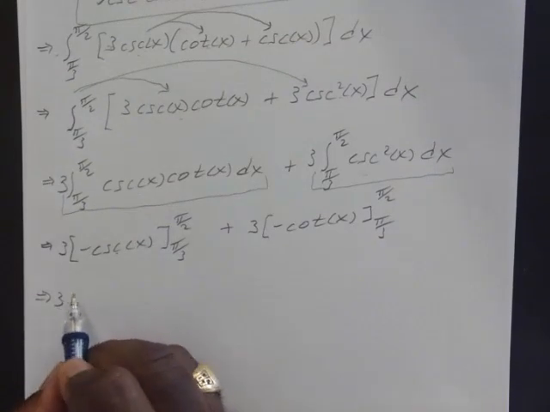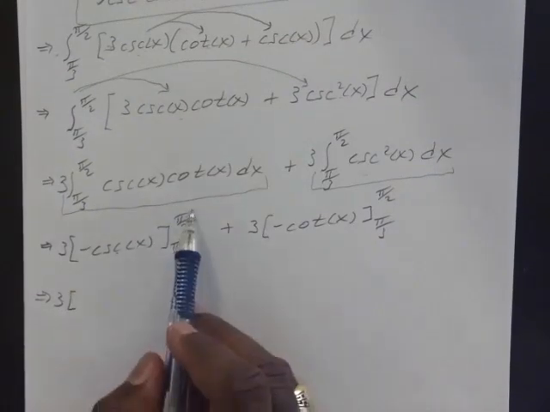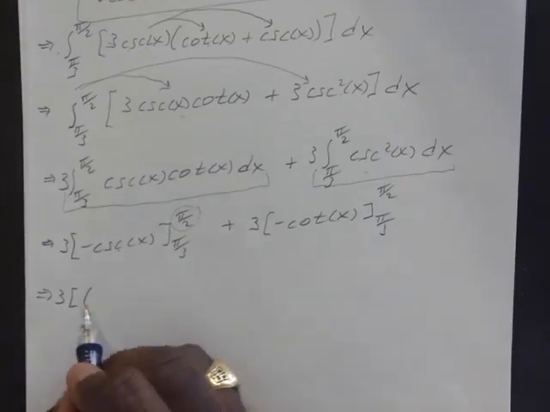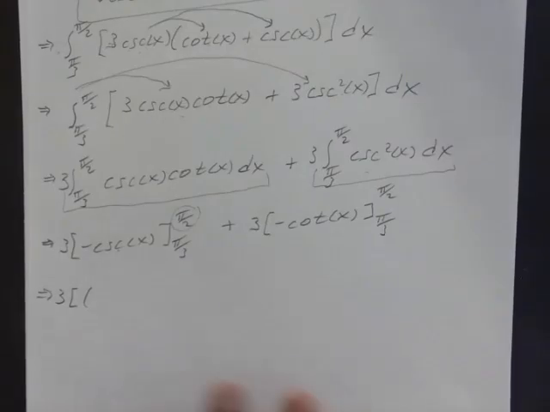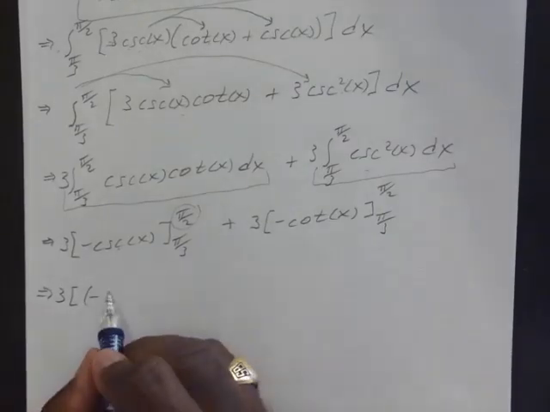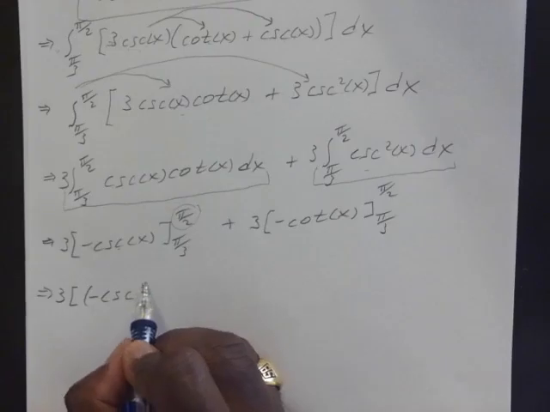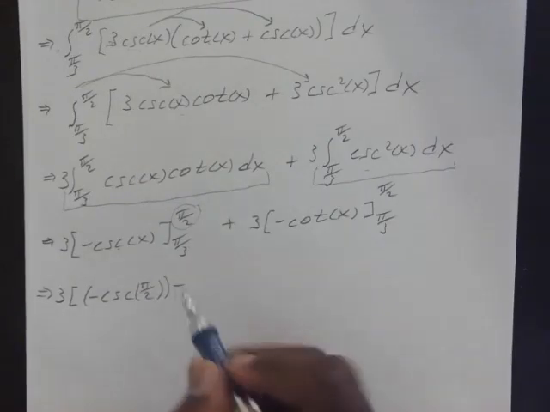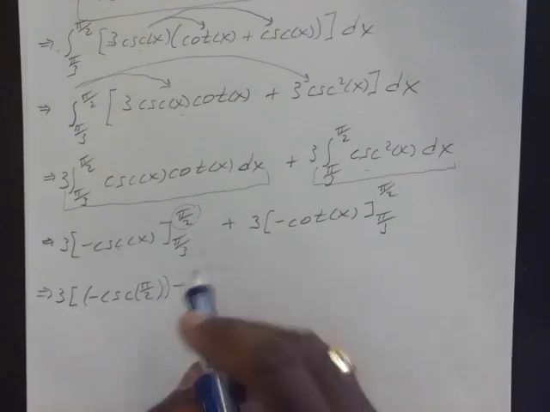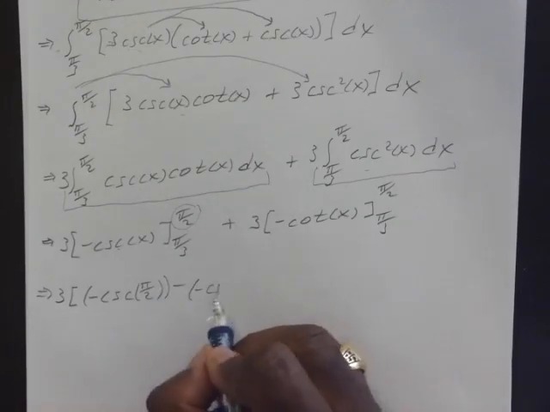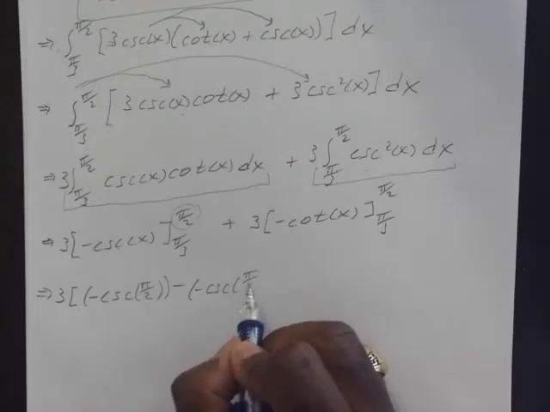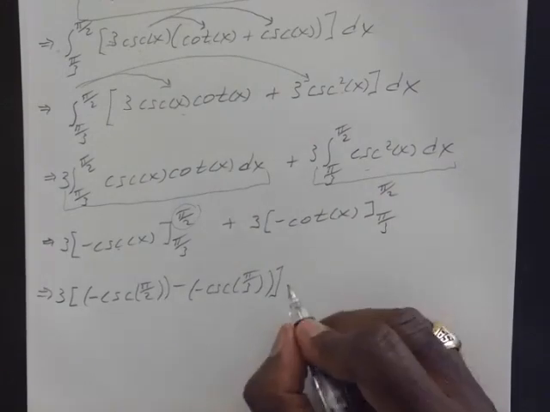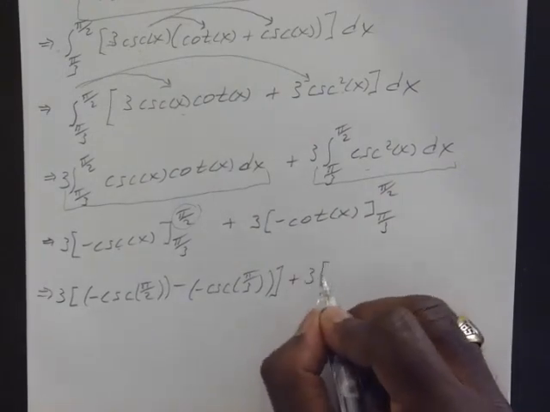Okay, so that gives us 3 times, and we plug in our upper limit. You could have factored out the negative if you want to, but I'll go ahead and leave it in. That's negative cosecant pi over 2 minus, plug in our lower bound, negative cosecant pi over 3, plus 3.